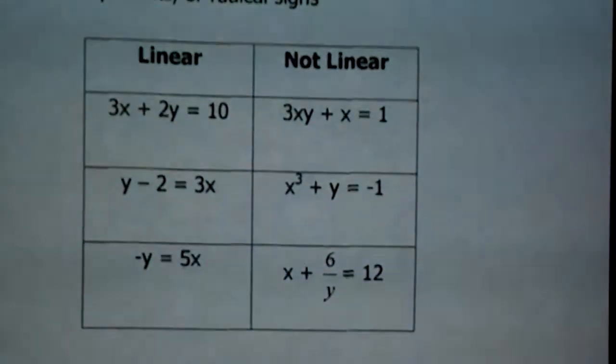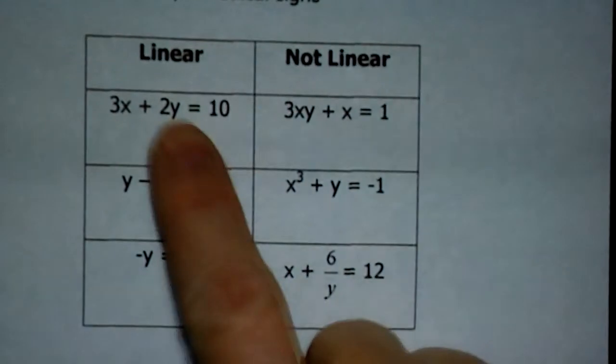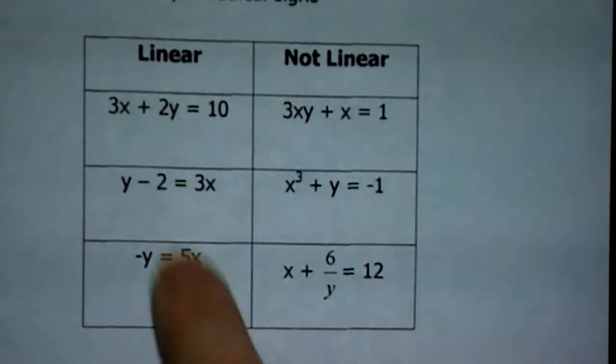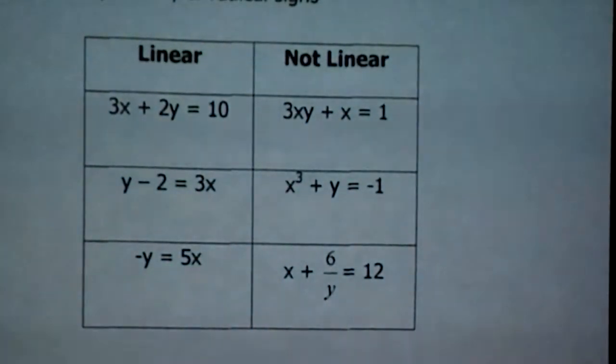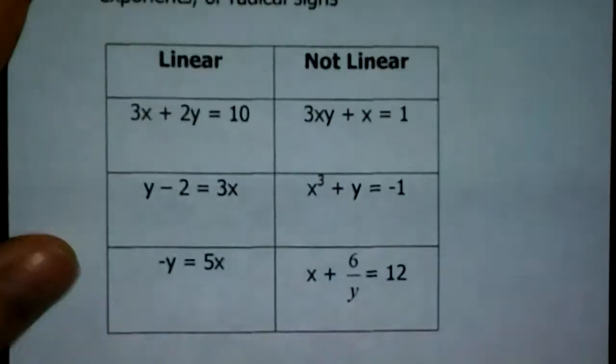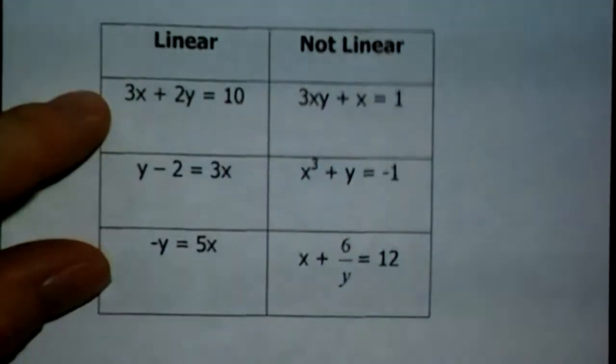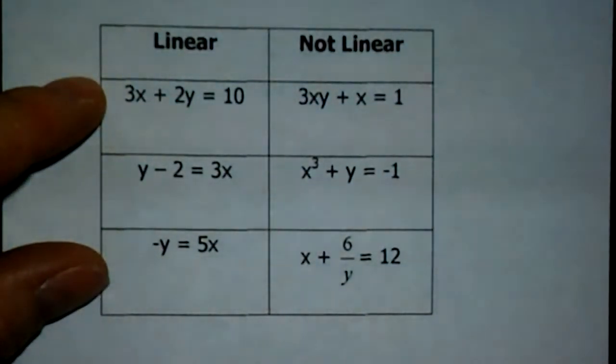So just a little example here of linear versus not linear. Right here, I know it's not y equals mx plus b. The equation doesn't have to be in the form of y equals mx plus b. There are other forms. They just have to fit these criteria up here. So if you're looking, all of these equations, x and y don't have an exponent after it, right? There's no exponents.